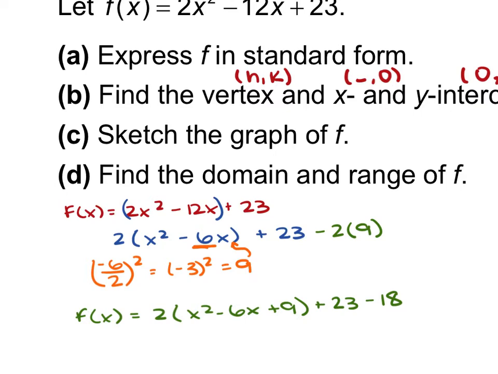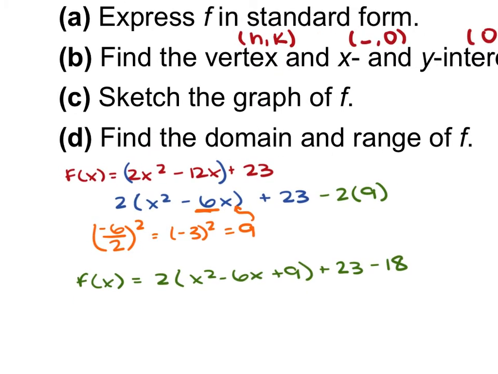From here, I can factor that trinomial to give me that binomial squared, and I can also subtract the 23 and the 18. When I do this, I'm going to have f of x is equal to 2 times x minus, because my middle term was negative, what did I square to get that 9? The 3. Oops, this isn't x squared, it's just x minus 3 squared. And the 23 minus 18 gives us a positive 5.